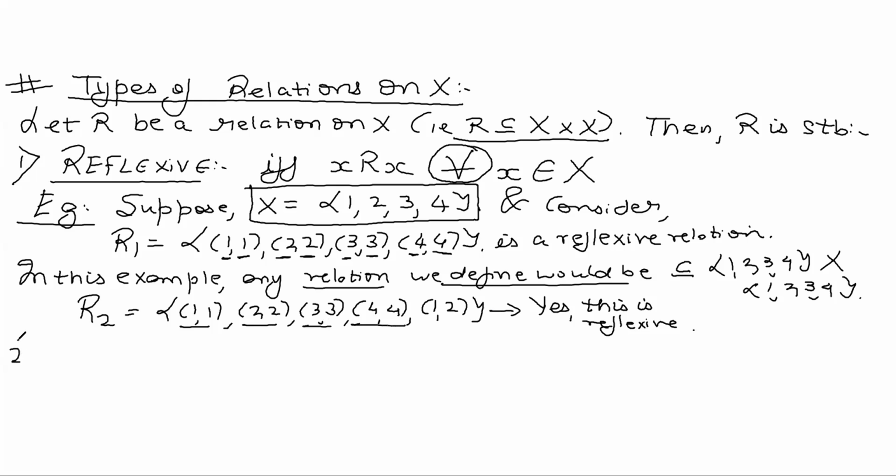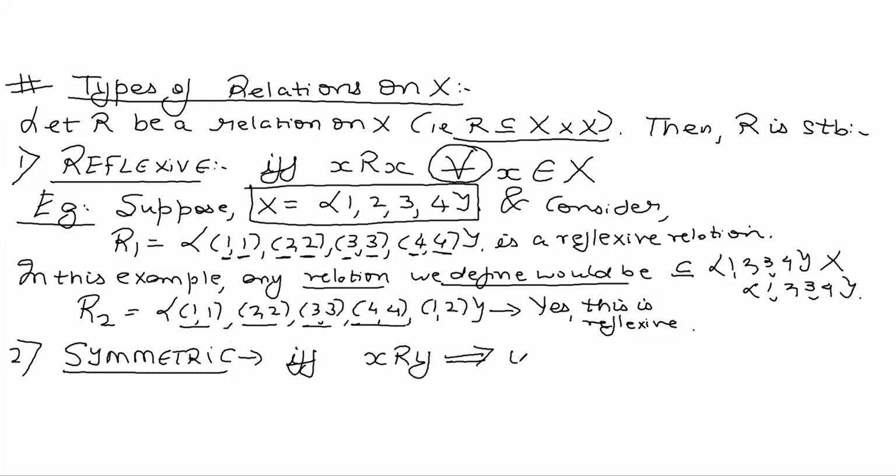Moving on to the second type, symmetric. A relation R on X is said to be symmetric if and only if x is related to y implies y is related to x, for all small x and small y belonging to the set capital X. Remember, whenever I write in small letters, elements.